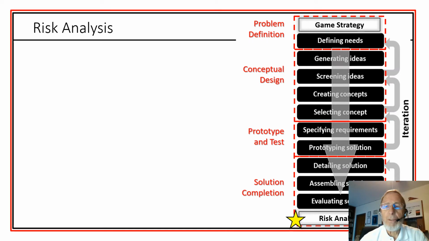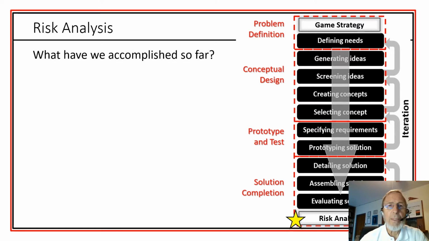Notice that risk analysis is the last step in what I've defined as this design process. So before we jump into risk analysis, let's remind ourselves of what we've accomplished so far. First, we identified needs for design based on a strategy of how we're going to use this final design solution.